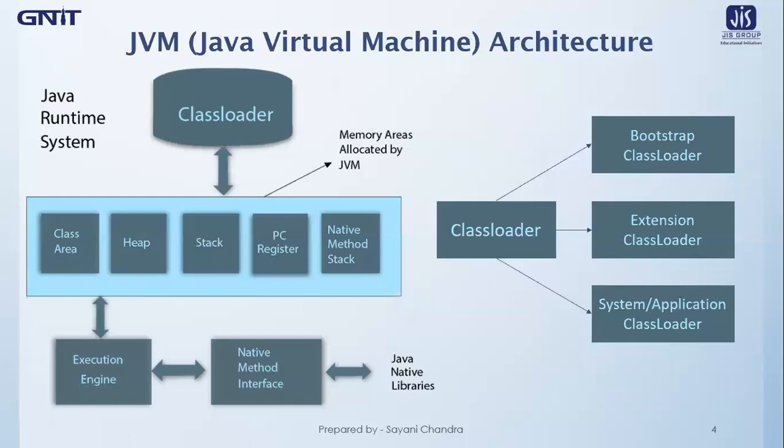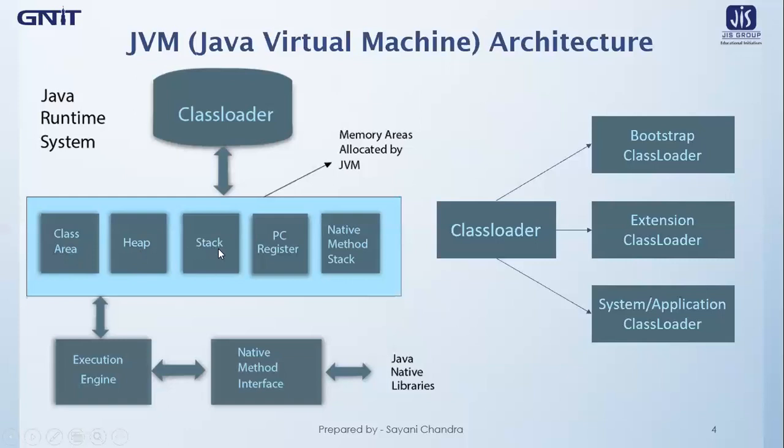Now, whenever objects are created, the memory is allocated in heap. So this heap will actually provide you the runtime data area where the objects will be physically allocated in memory.